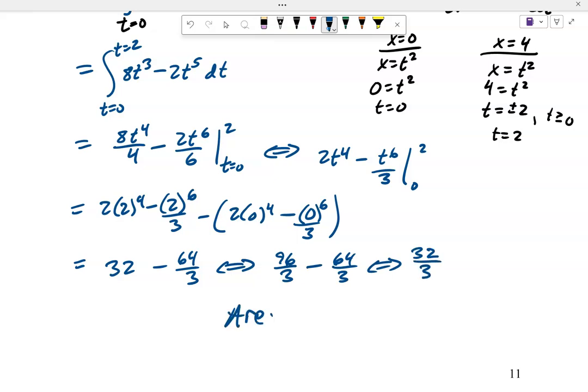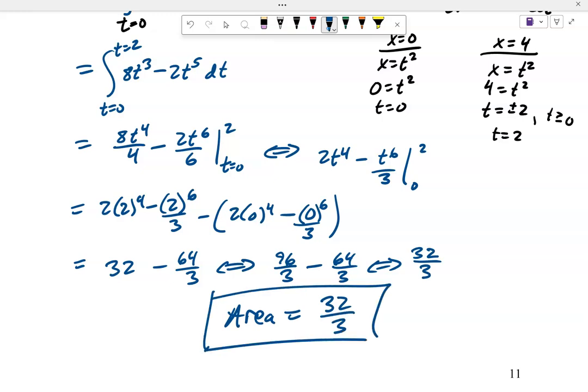So that area between that parametric curve and the x-axis there is 32 over 3. And note, by the way, for this one, it does work. You could have used that rectangular equation from x being 0 to 4 of negative x squared plus 4x dx and just ran that, and yeah, it would be the same thing. So you could check this normally.